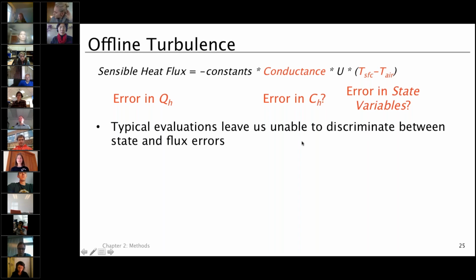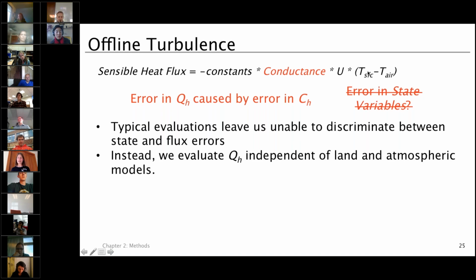So typically when people are trying to evaluate how well turbulence models do, it's confusing. How much of the error is in the sensible heat flux, which is termed Q sub H? How much is in the conductance, which is the parameter put in? And how much is in the state variables, right? Do you just have the air temperature or the surface temperature wrong, and therefore you got this gradient wrong?